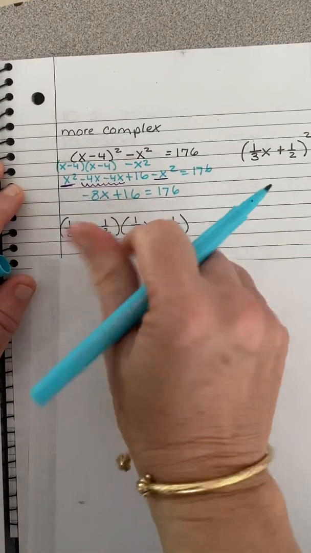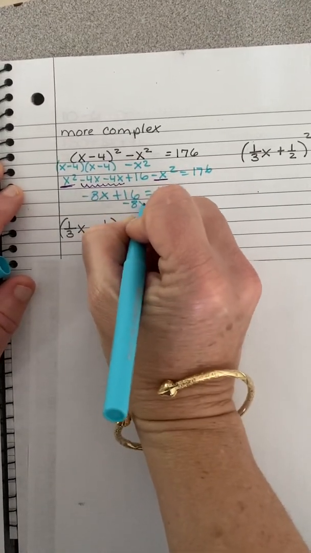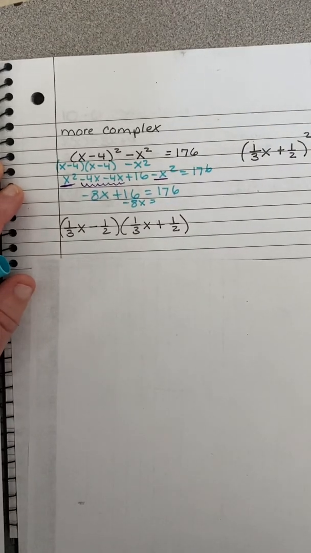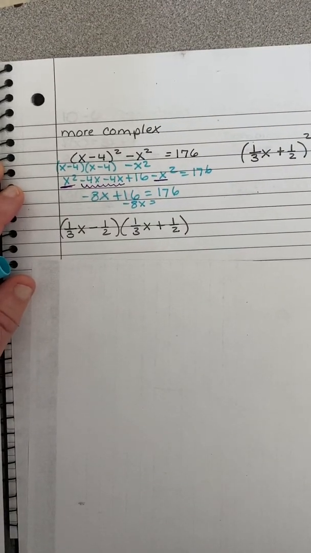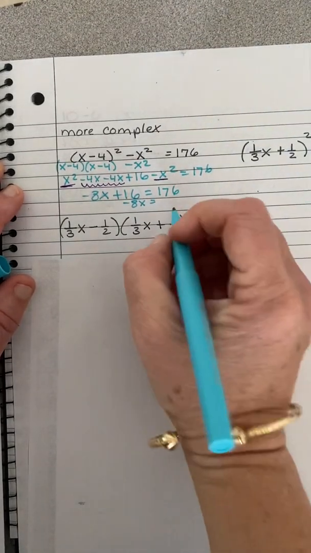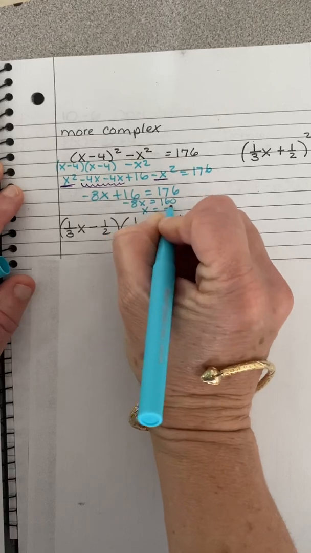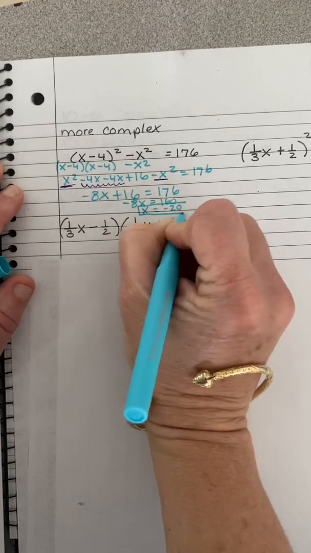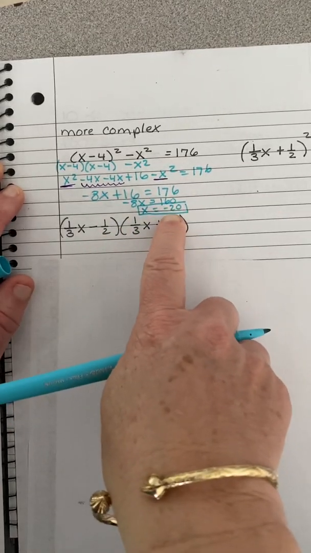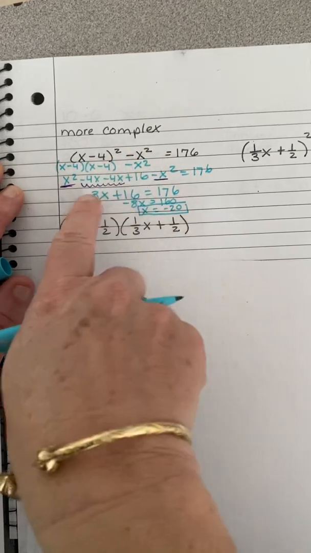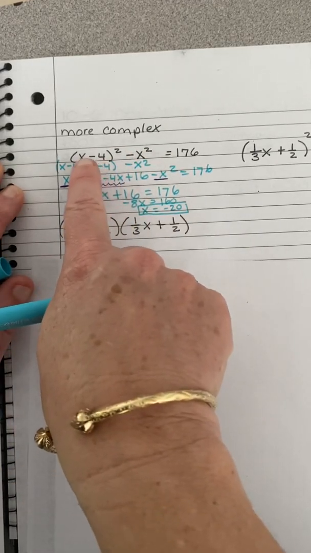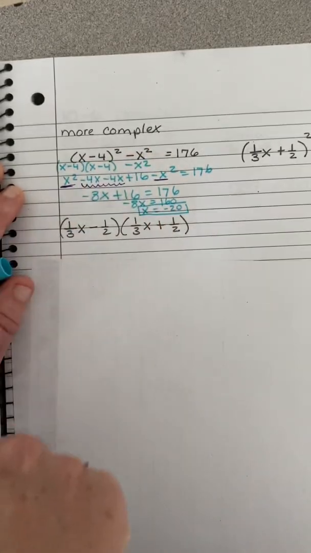I'm going to subtract 16 from both sides. Whoops, I should have given myself a little more room. 160 divided by negative 8 is negative 20. So I can actually solve this equation by doing this, and I just kind of wanted to show you what happens here with it just being tacked on.